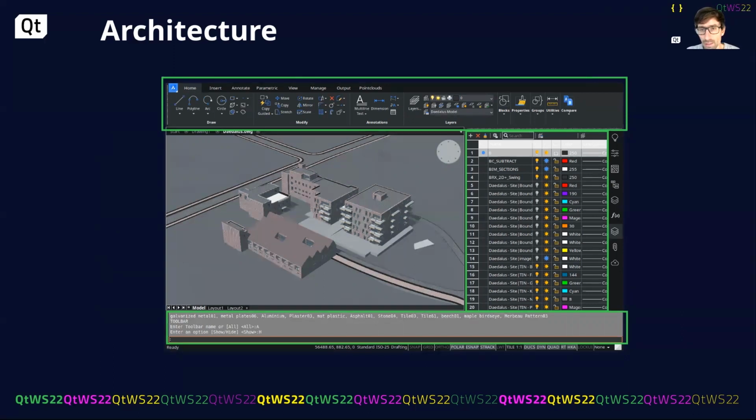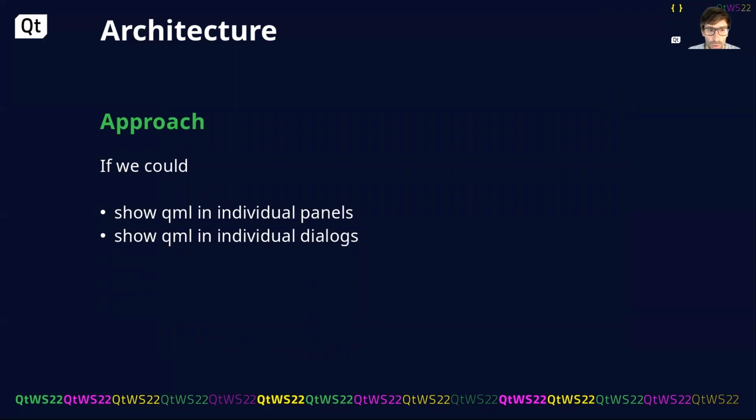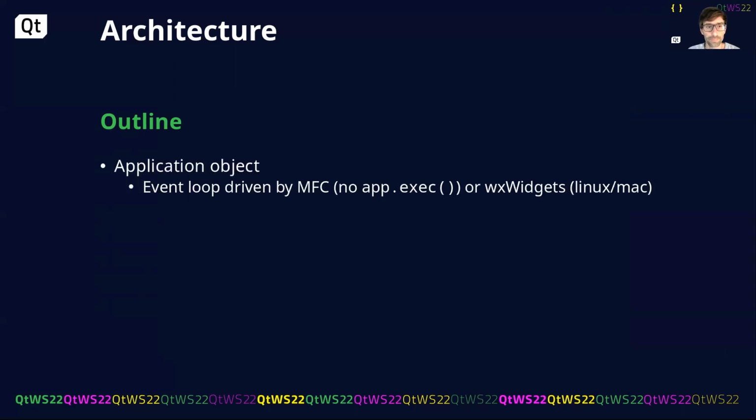This immediately got us thinking, because if we could show QML in individual panels and also in individual dialogues, then we might have a way to make this work. From when we started, we had no idea if what we're trying to do was even possible.